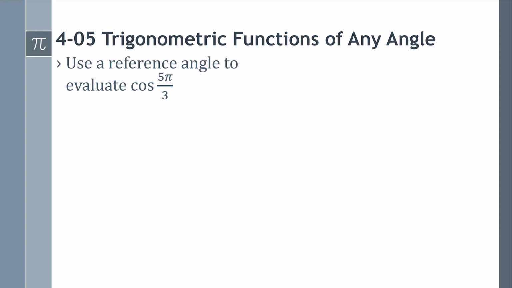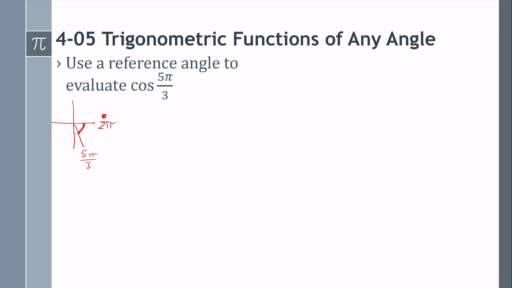So let's use a reference angle to evaluate cosine of 5 pi over 3. Well, we just found the reference angle in the last example, but let's run through it again. That's 5 pi over 3. Reference angle goes to the nearest x-axis, which could be 0 or 2 pi in this case.